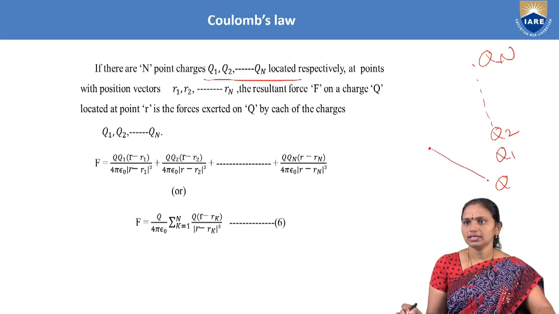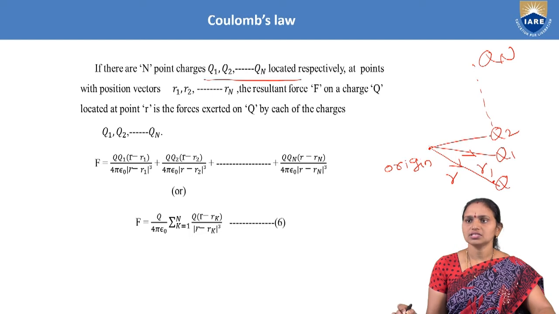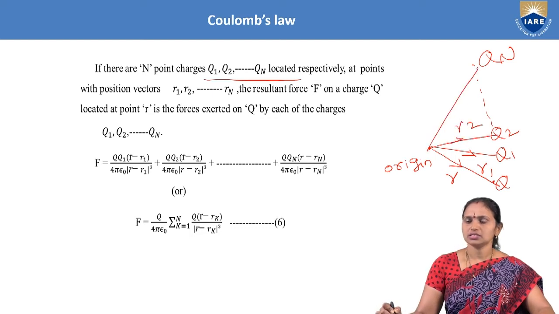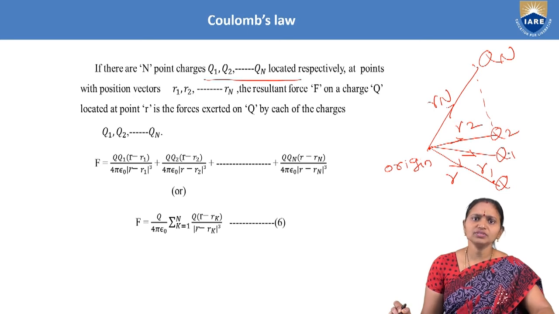The position vector of Q is R. The distance between Q1 and the origin is R1, between the origin and Q2 is R2, and from the origin to Qn is Rn. These distances we can take as position vectors.